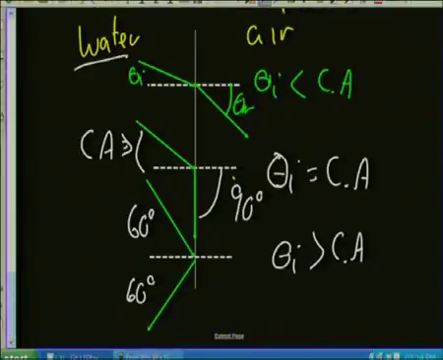Even though we're going from water to air, we recognize most times light is going to pass from water to air. Water is a transparent material. But if the angle of incidence at the boundary is bigger than the critical angle, bigger than 48,75 degrees, then we're going to find that there's internal reflection.